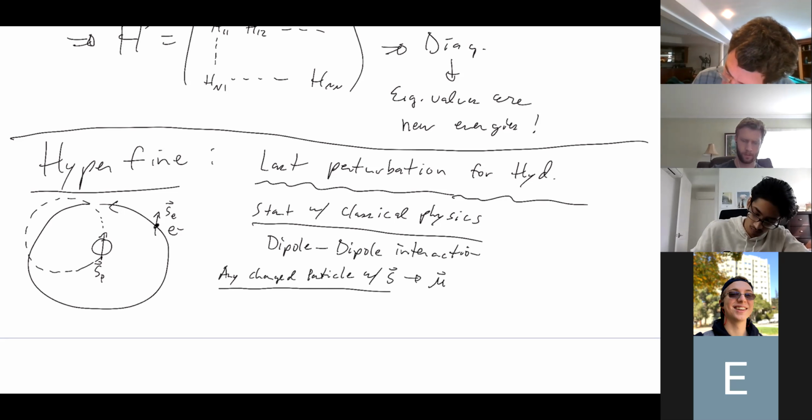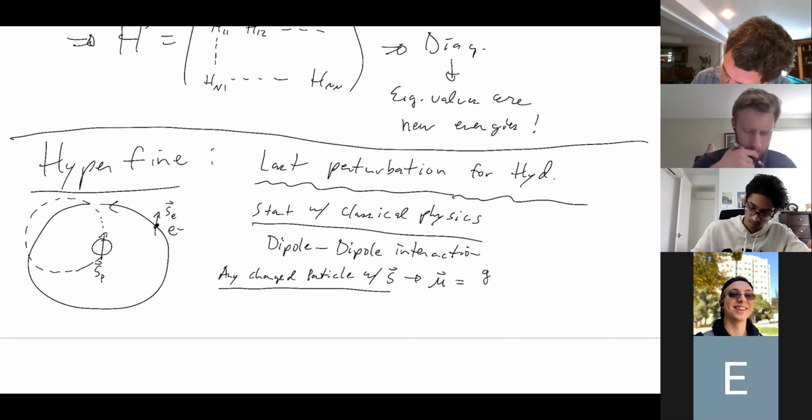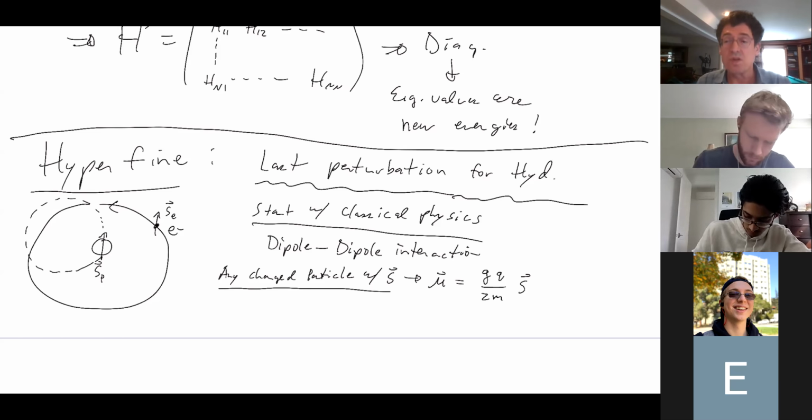Mu for that particle is equal to G, the gyromagnetic ratio, times the charge, divided by 2m times the spin of that particle. That's the rule for particles with spin. The G might change, the charge might change, the spin might change, but that's the rule.